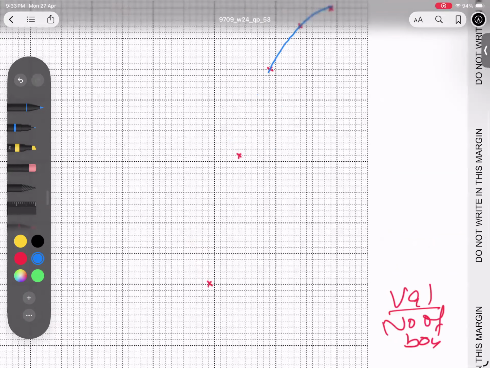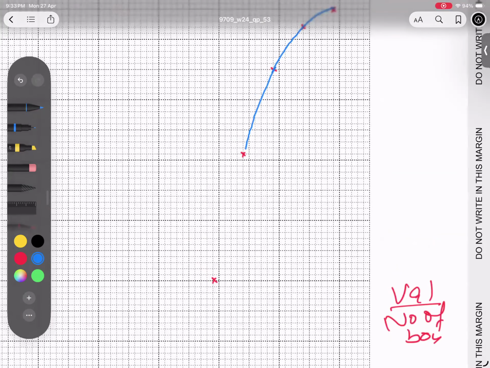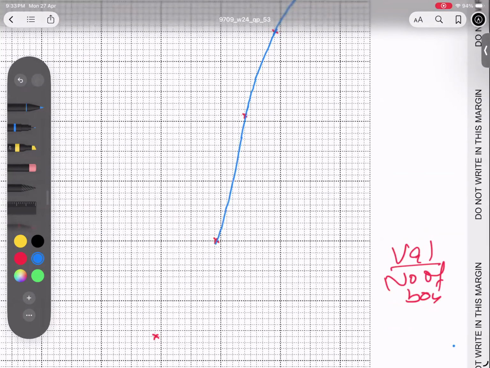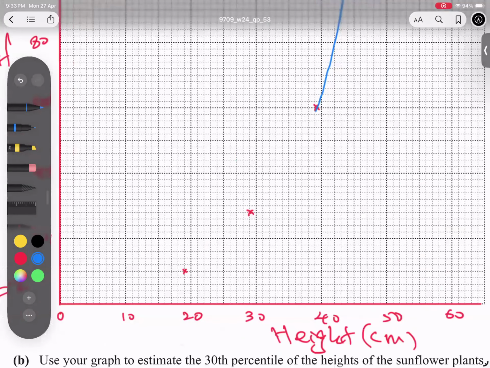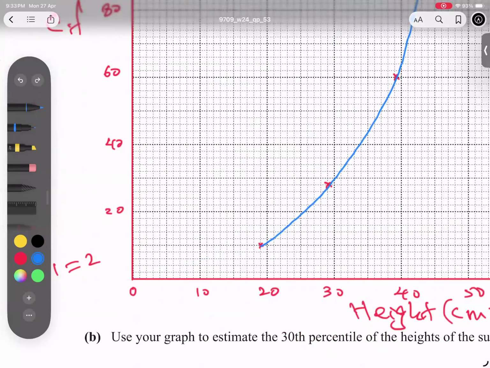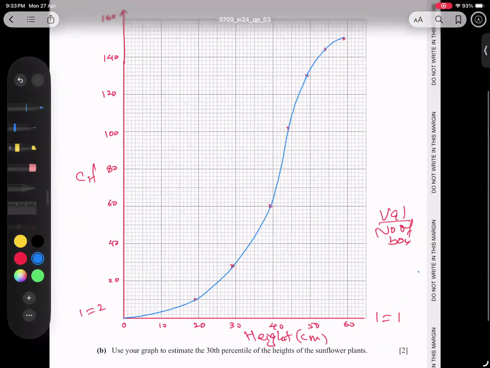Now we have to reduce our bending because we have to keep our eye on the next point, and keep our eye on the origin as well. Don't join directly. I hope this part is clear and we have done it.